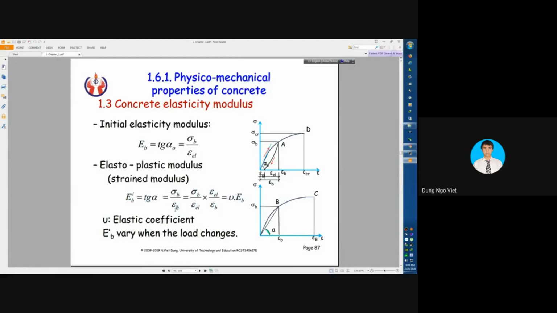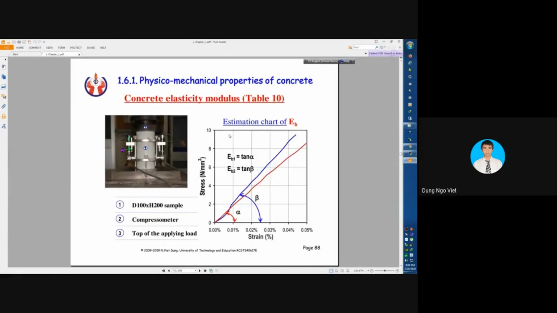And we can estimate it by nu multiplied by EB, where nu is the elastic coefficient. So we can see that EB prime, the elastoplastic modulus, will vary when the load changes. So here is an example experiment to estimate the concrete elasticity modulus.